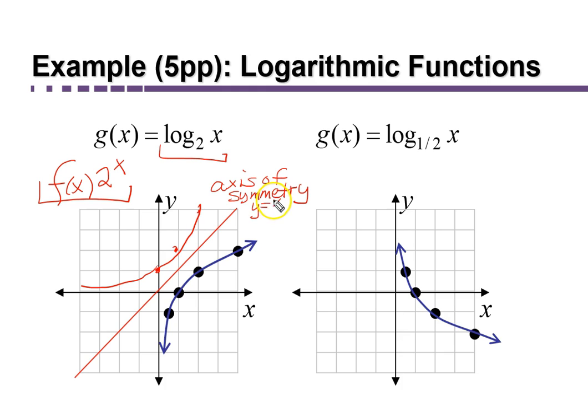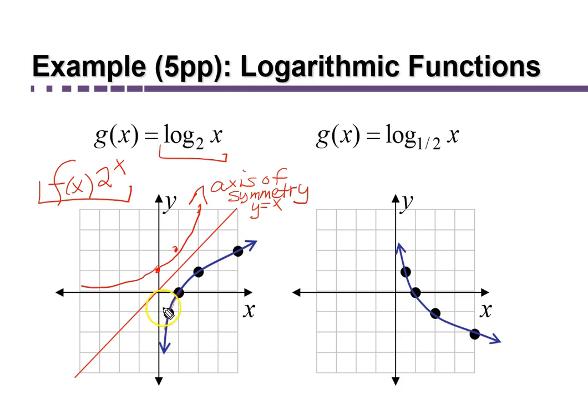For any of you who want to know that, but just remember there is an axis of symmetry there. For a log of base 2 and a power base of 2 here, in its exponential form the graph would be like so, but in its logarithmic form the graph is like so.